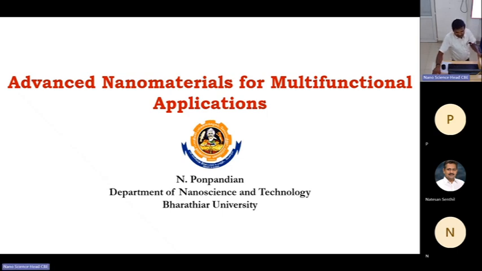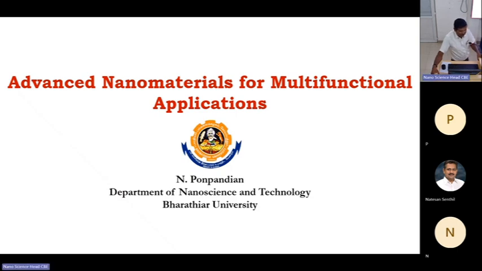Graphite, diamond, and a sheet of carbon called graphene. If you fold the graphene, you make a fullerene or buckyball or carbon nanotubes, single wall carbon nanotube and multi wall carbon nanotube. There are so many allotropes of carbon. Among these, you can classify 3, 2, 1, and 0 dimension.